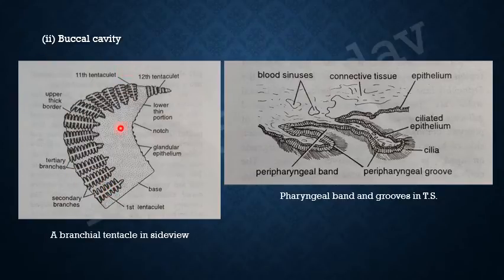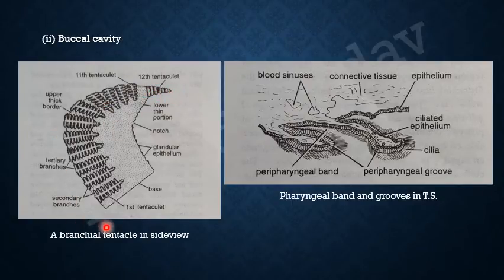Each tentacle is broad at the base, and it is attached to the sphincter from here, and the upper end is narrow and free, and these are the ends which crisscross and form a sieve-like structure. Every tentacle has 12 tentaculets, 1, 2, 3, 4, 5, 6, 7, 8, 9, 10, 11, and this is the 12th one, which forms the tip of the tentacle.